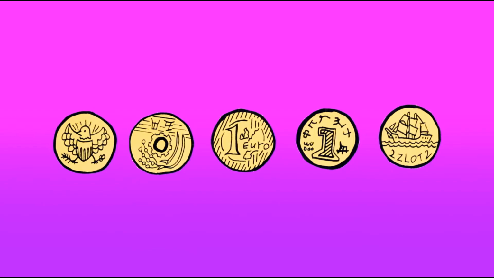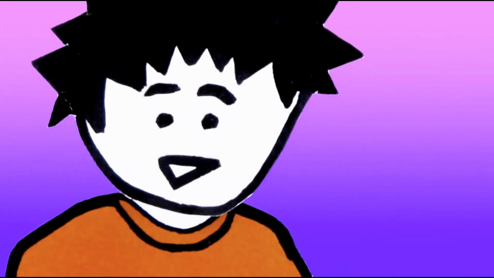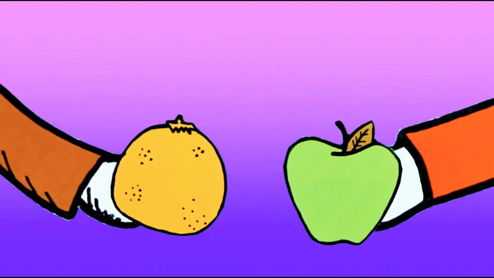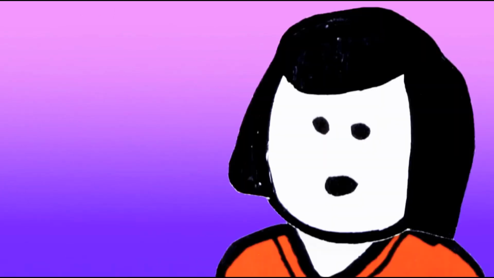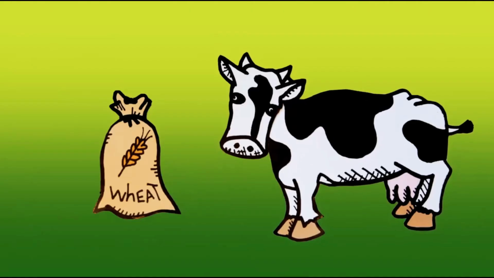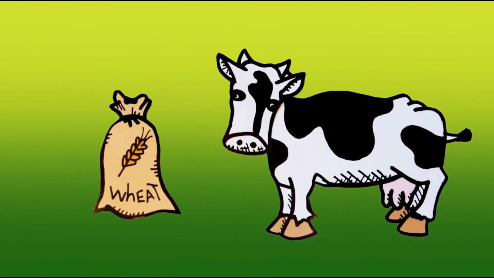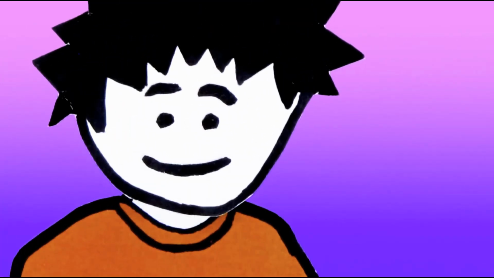Instead of money, there was swapping, also known as bartering. It worked like this. Want to swap this apple for an orange? Yes. I want a cow. You want some wheat? But there were problems with this. The items needed to be of a similar value. How about swapping this apple for that DVD?